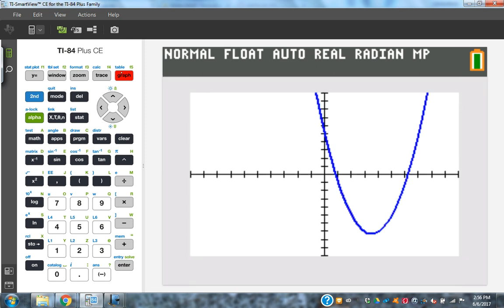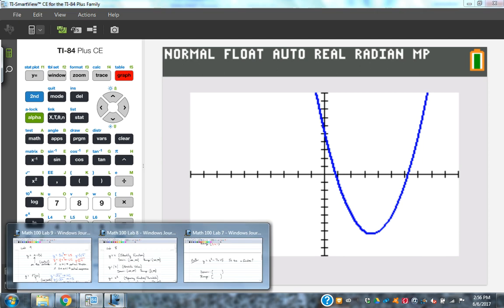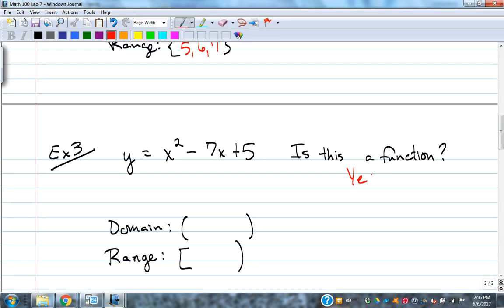And there we have that graph. We can see that no matter where I place a vertical line on that graph, it would pass the vertical line test. So yes, it is a function. The domain for the squaring function is from negative infinity to positive infinity. It is for this function as well.